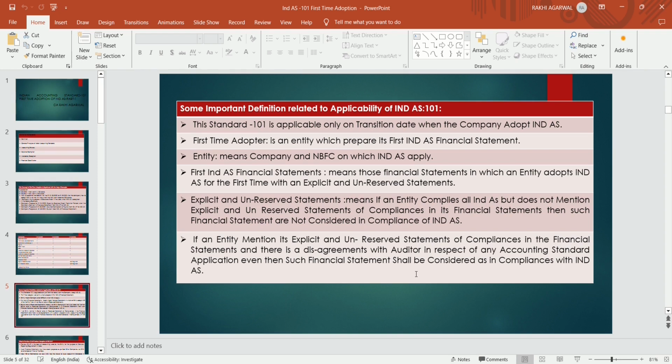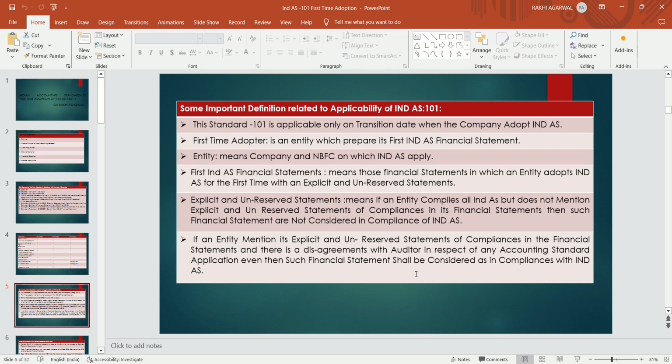If an entity mentions its explicit and unreserved statement of compliance in the financial statement and there is a disagreement with the auditor in respect of any accounting standard application, even then the financial statement shall be considered as in compliance with Ind AS.